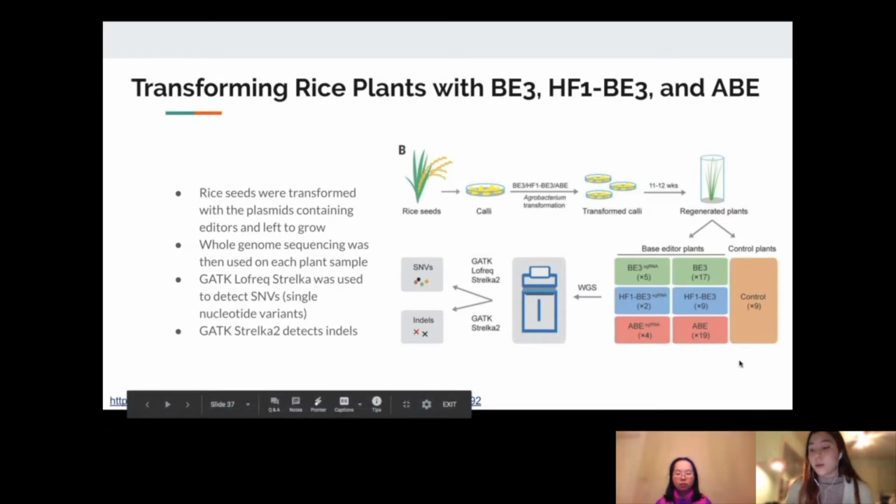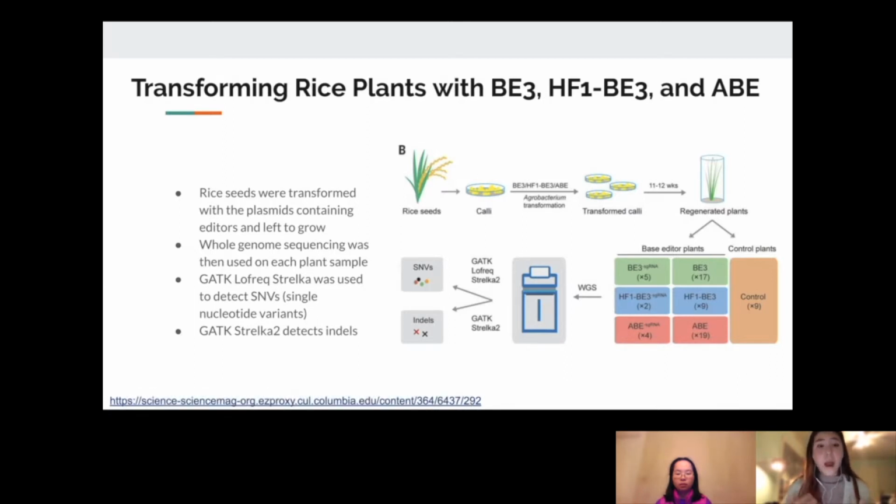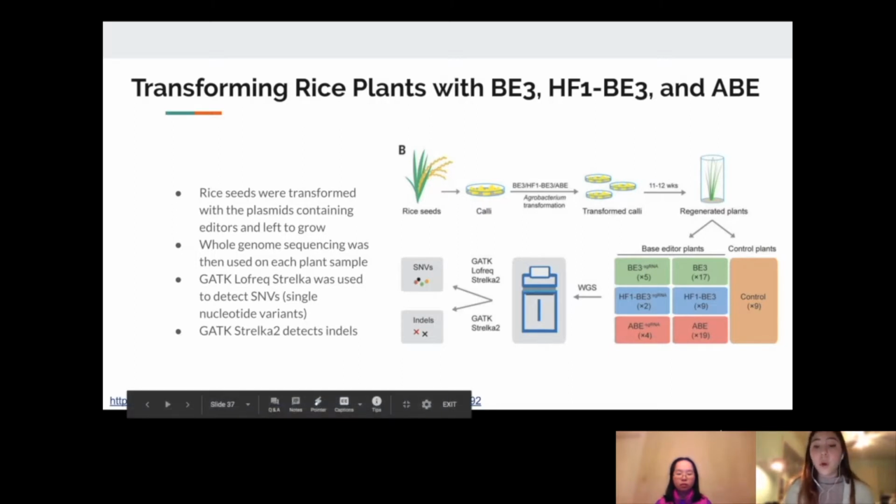To do this in a more complete way than had been done before, rather than looking for predictable sites, I think the technology that they had used is something called Cas-OFFinder, which is able to predict probable sites where mutations might occur after being treated with a base editor. Instead of doing that, they used whole genome sequencing, and then they used two different types of programs to analyze the whole genome sequencing results.